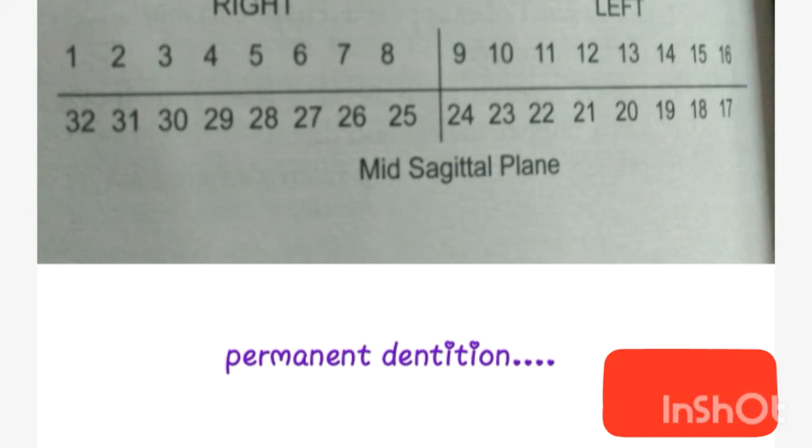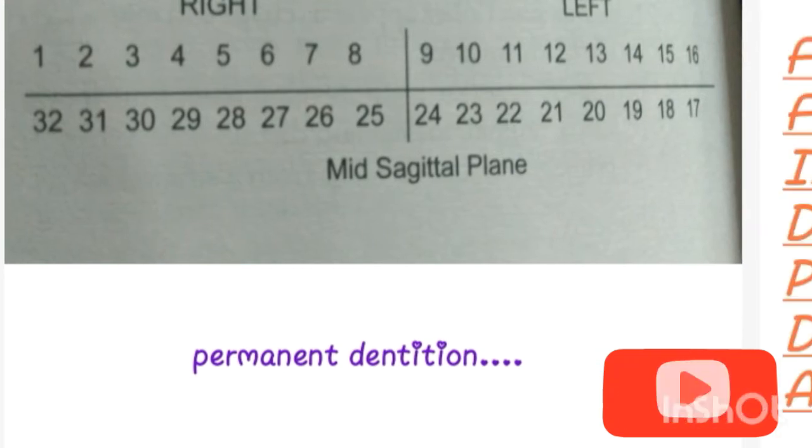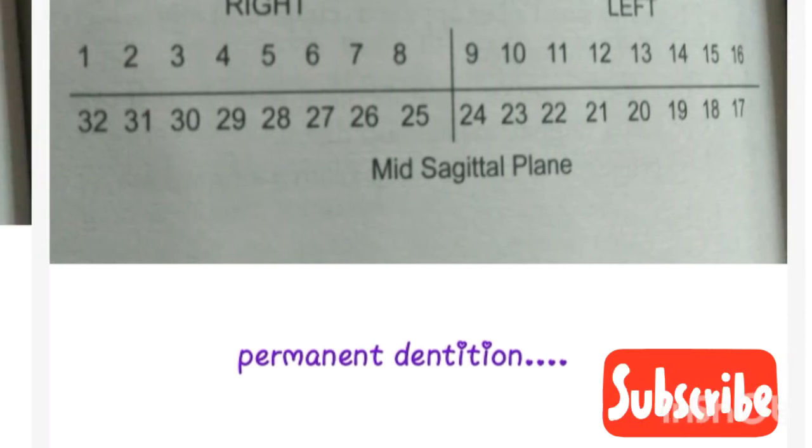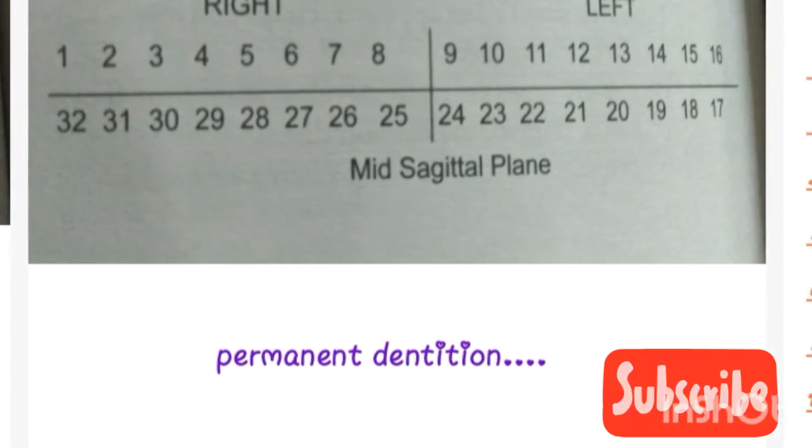It denotes the most posterior tooth present in the quadrant. Basically there are four quadrants. On the right it is given 1, 2, 3, 4, 5, 6, 7, 8, and below that, 32 to 25 is given. The numbers 1 and 32 denote the posterior-most tooth in each quadrant.